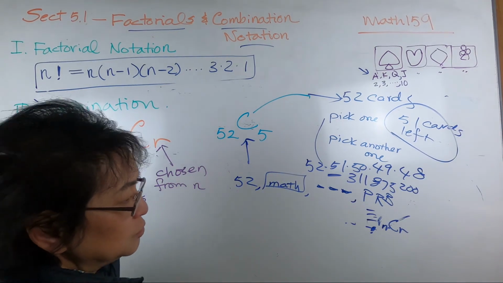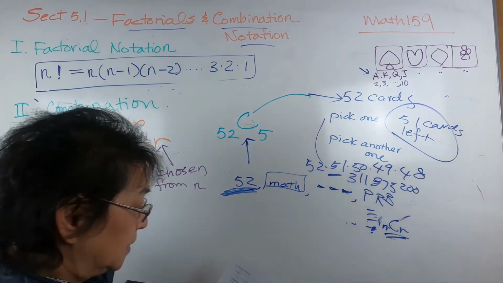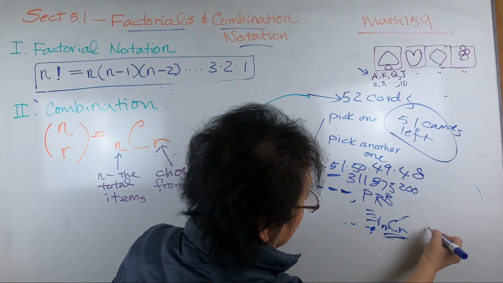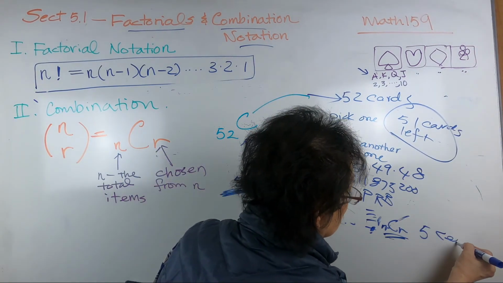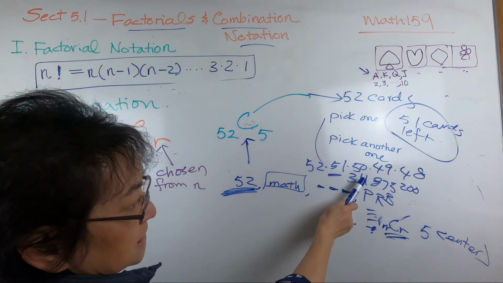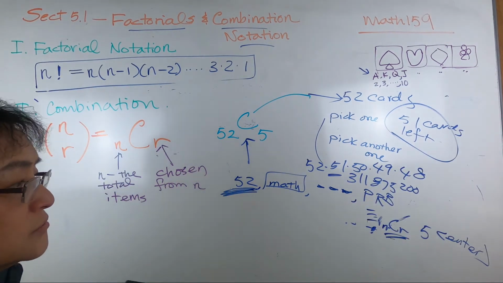So you will type 52, then you will have nCr, right? Then we want to choose 5 of them, so after that, you type in 5, then you hit enter. Then you will get the same answer, 311,875,200.